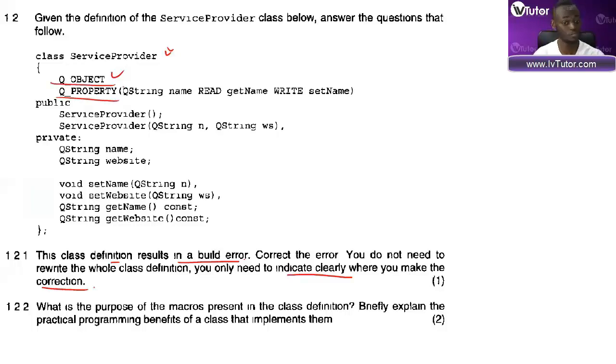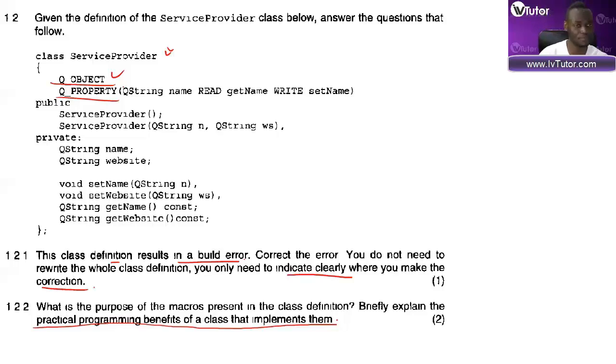What is the purpose of these macros? And can you briefly explain the practical programming benefits of a class that implements them? In other words, what are the benefits of putting these things in? What are they allowing us to do?